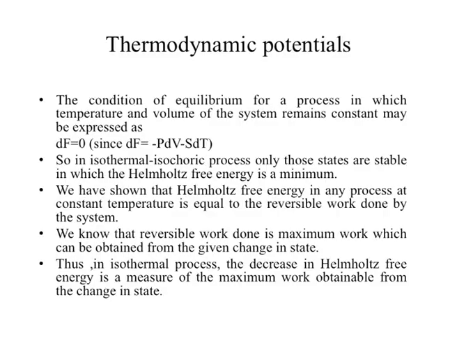Therefore, consider the condition of equilibrium for a process in which the temperature and volume of the system remain constant, that is, an isothermal as well as isochoric process. For this process, we can express dF is equal to 0, because we have dF is equal to minus PdV minus SdT.